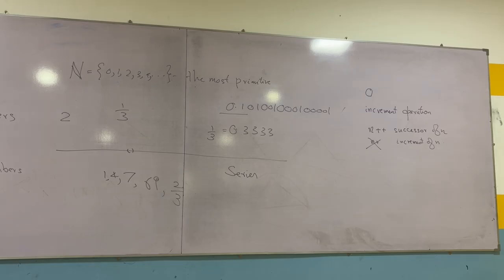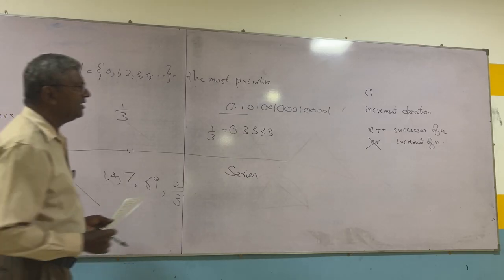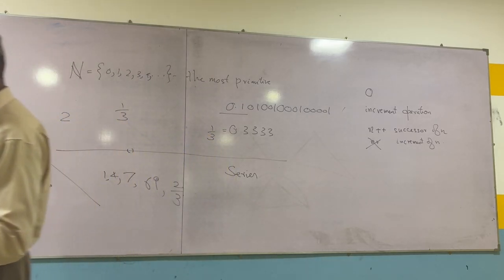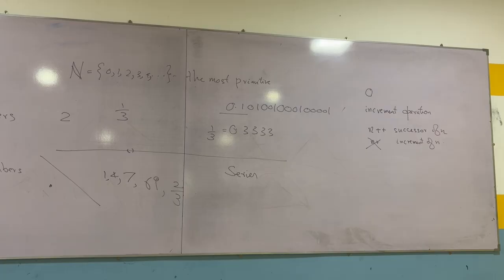Geometry is made of points and lines, no? Actually, a line is also a collection of points, but we usually say points and lines. Like that, these integers are made of 0 and the increment operation. So n plus plus denotes the increment or successor of n.